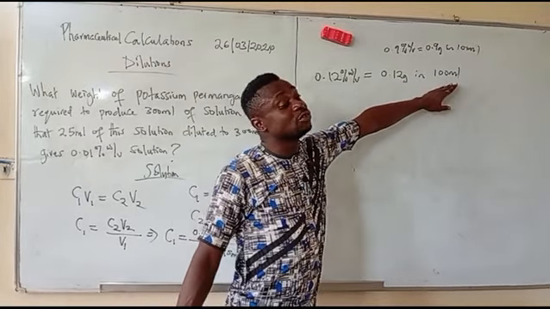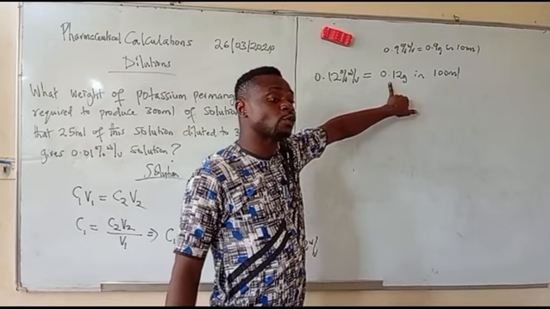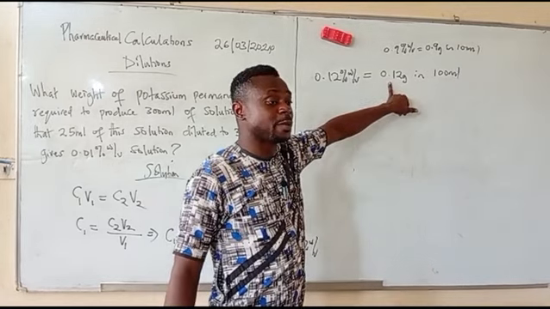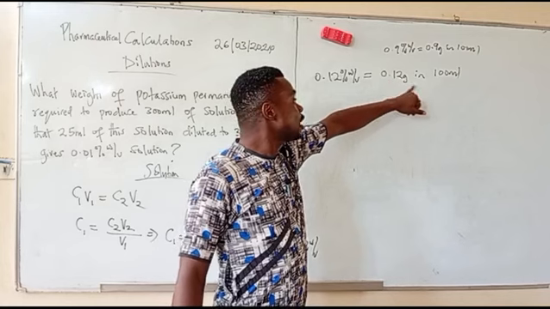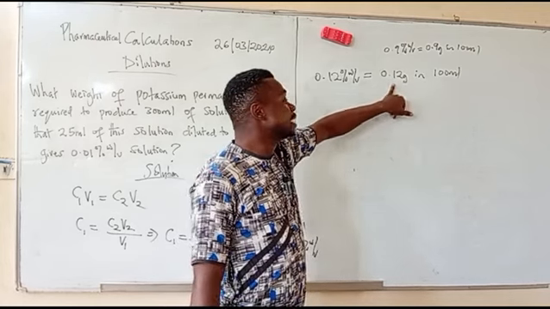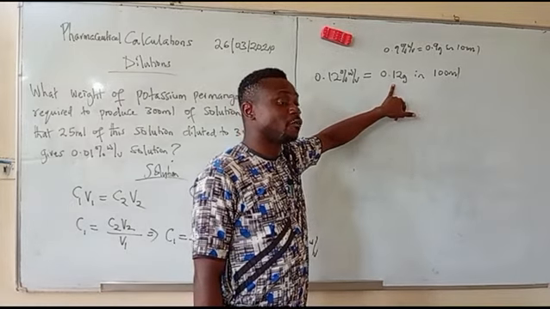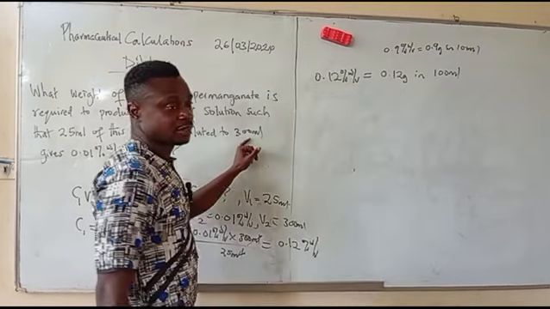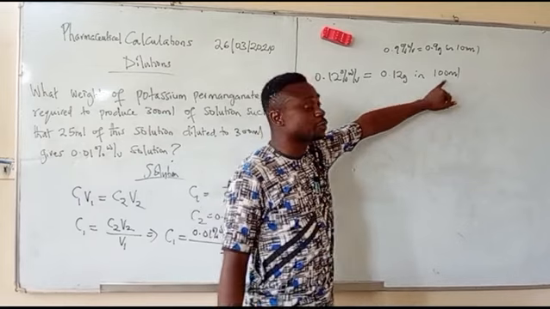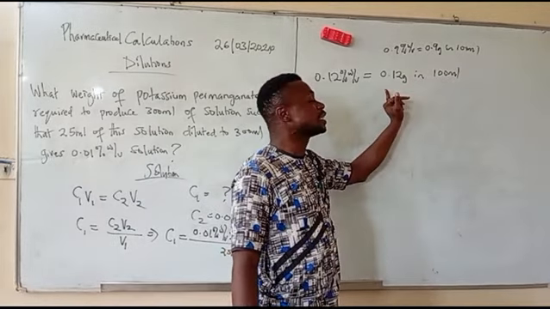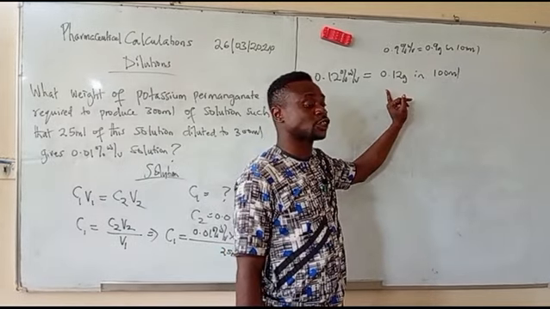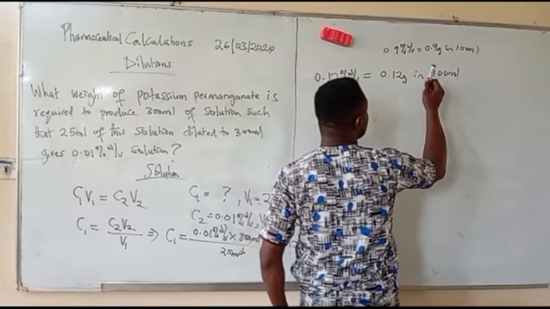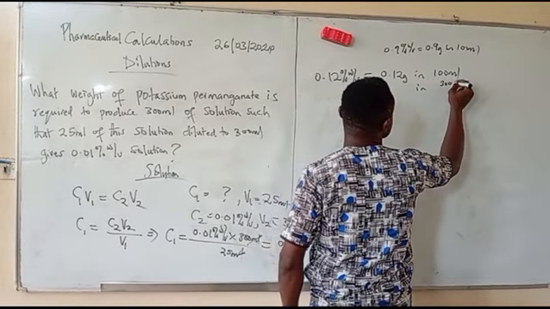Is that clear? So the 300 ml solution contains 0.36 gram of potassium permanganate, which is the amount used to prepare the solution. Please ask if you're confused. So the answer is 0.36 gram of potassium permanganate.